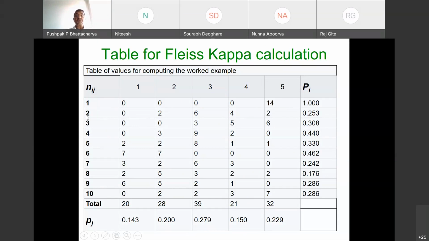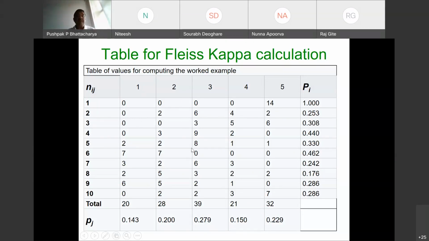If I take data instance 2, then nobody is placing the data point in category 1, but two raters are placing it in 2, 6 in 3, 4 in 4, 2 in 5. The sum should be equal to 14. 6 plus 4, 10, 10 plus 2 plus 2, 14.